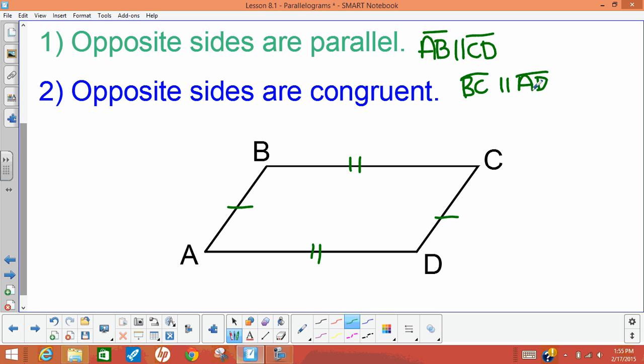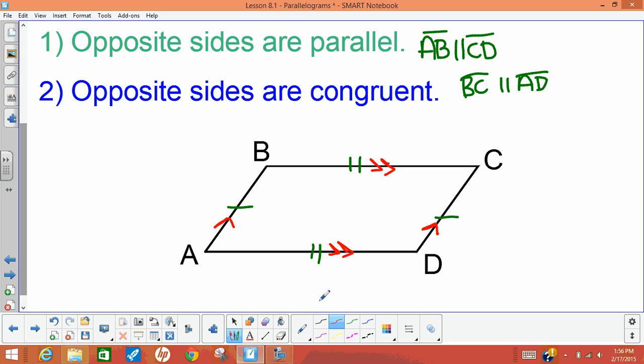Okay, and hopefully you all noticed it's a snow day. I'm a little off my game. I just showed you that those sides are congruent. So I actually showed you on the picture, number 2, opposite sides being congruent. Let me go back and fix this and I'll show you opposite sides being parallel. Remember, these arrows mean AB is parallel to CD, and we'll make a double arrow for BC being parallel to AD.